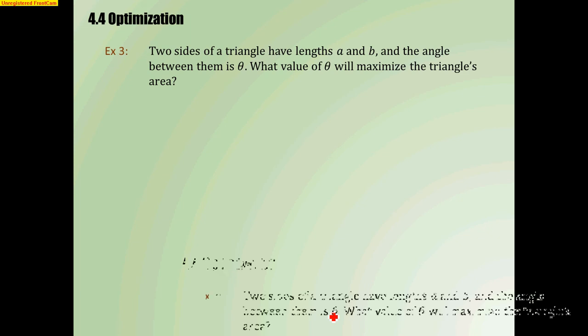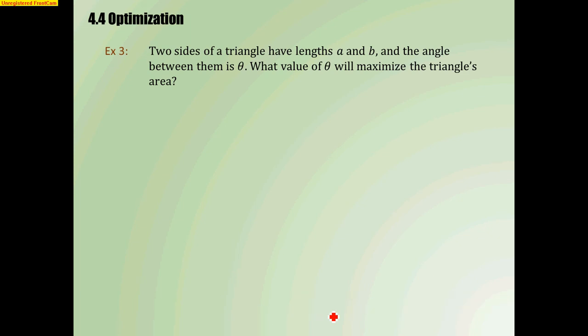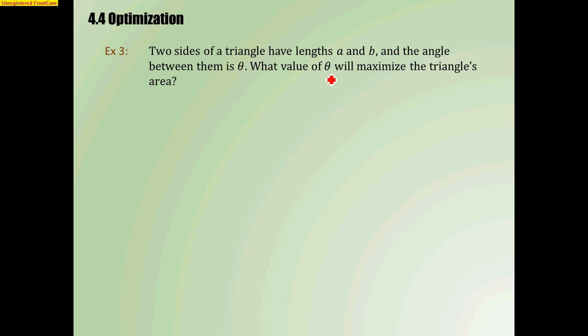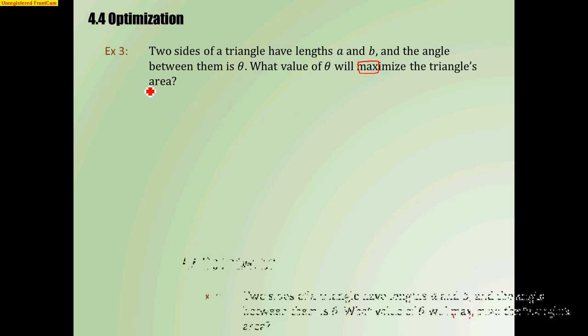Example 3. Two sides of a triangle have length A and B, and the angle between them is theta. What value of theta will maximize the triangle's area?